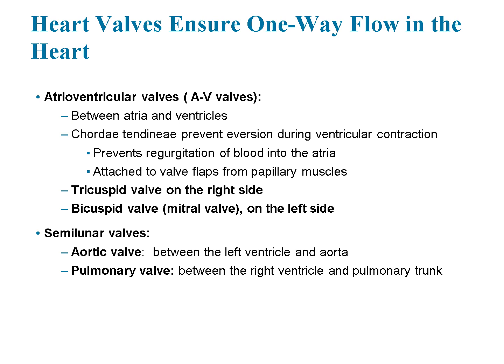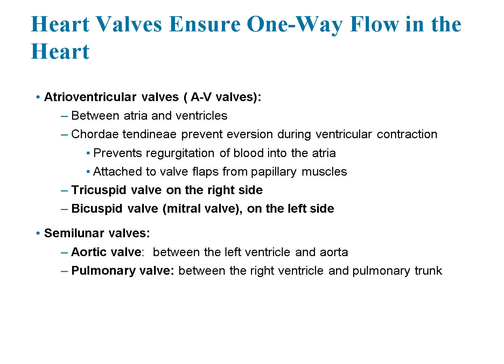The tricuspid valve, located on the right side of the heart, controls blood flow between the right atrium and right ventricle. On the left side, the bicuspid valve, also known as the mitral valve, regulates blood flow between the left atrium and left ventricle. Semilunar valves, on the other hand, are positioned between the ventricles and major arteries.